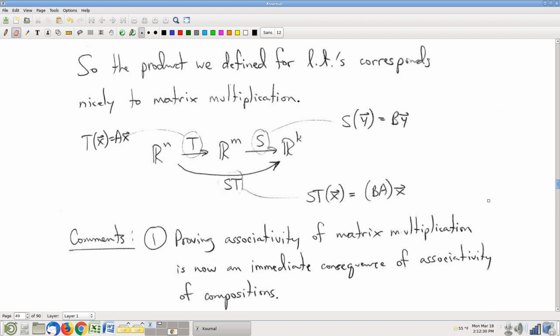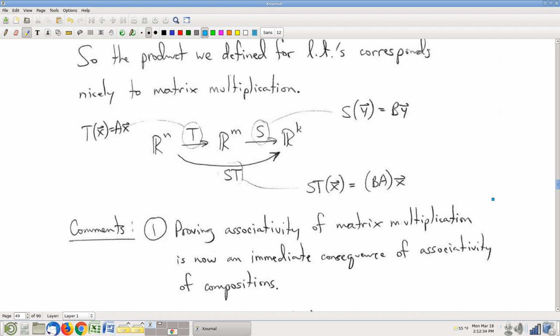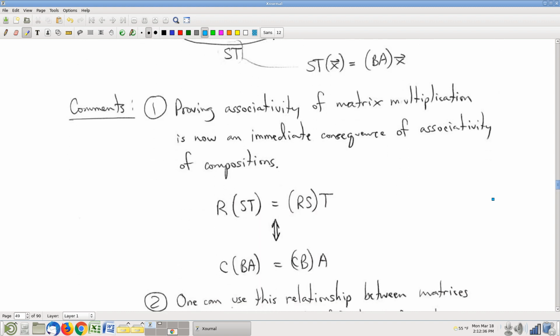I'm going to give you what I think now is a very satisfying proof that matrix multiplication is associative. We just got through discussing that matrix multiplication corresponds perfectly with linear transformation multiplication.